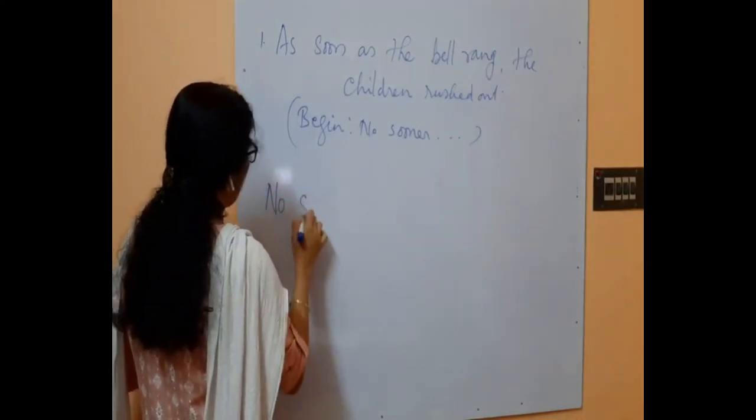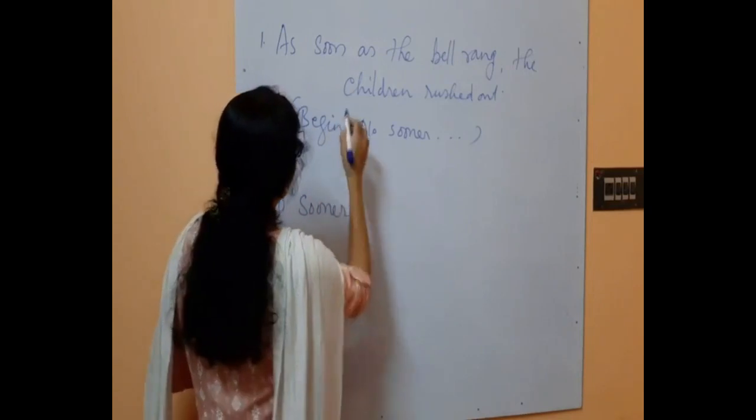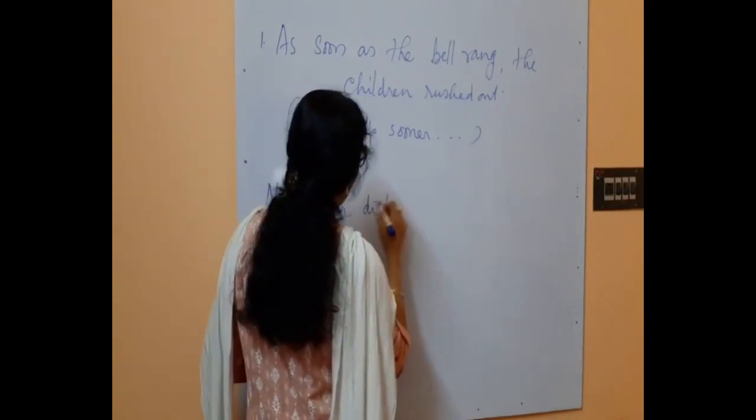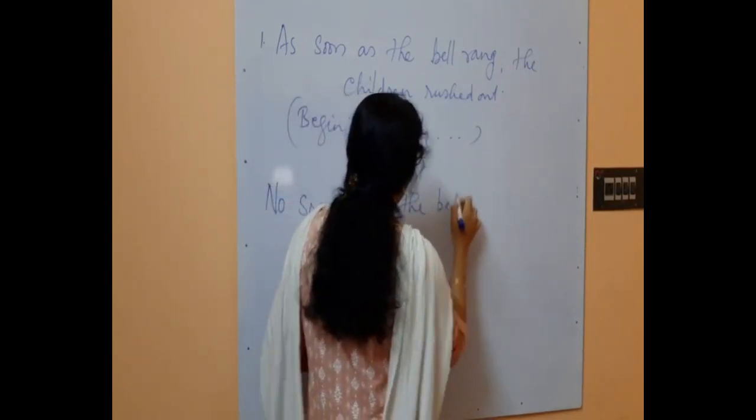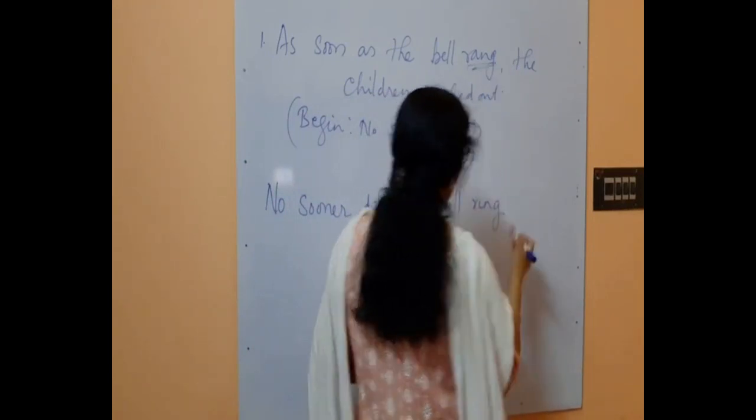As I told you, no sooner will always be followed by did plus the base form of the verb. So, no sooner did the bell ring than the children rushed out. Rang is given there in the past tense; you have to convert that to the base form.